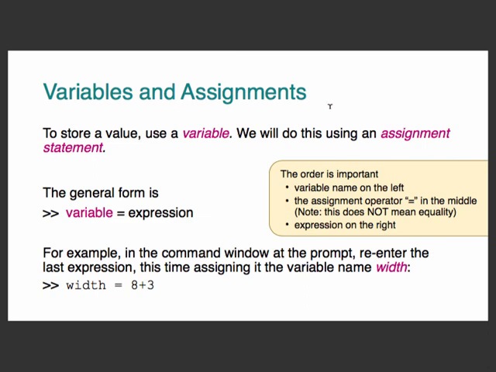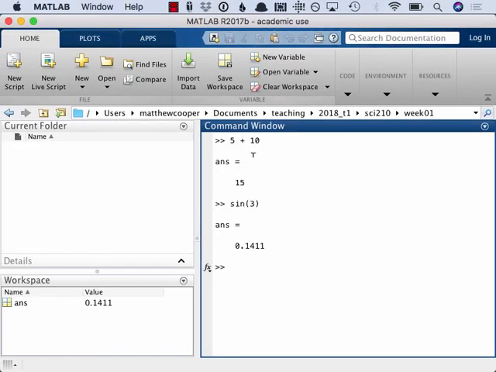So, variables and assignments. Sometimes we want to store a value and reuse it later. We do that with assigning variables. Let's say I've got 5 plus 10, and it's some important number for me. I don't want to keep on retyping it. It's some number x, and I want to use it later on.